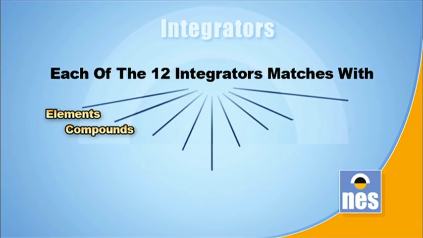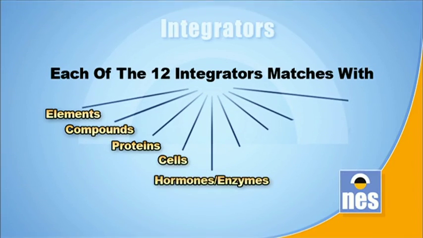And then as we increase in complexity, we get biological molecules, of which there are many, including things like proteins. Then we go on to cells, which is a bigger structure in the body. We go on to enzymes and hormones, which are again part of the chemical control system of the body.